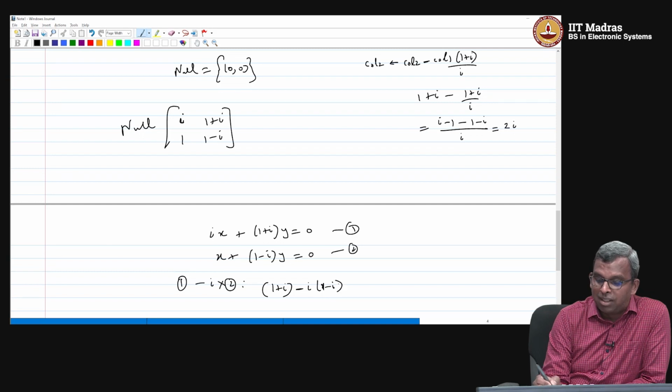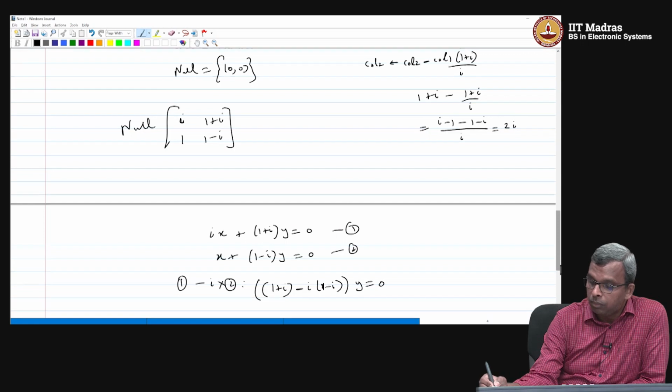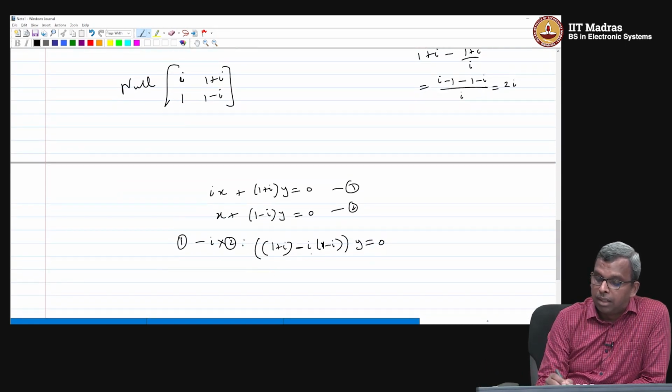I am doing it laboriously just for your comfort. This will end up cancelling: you get (1+i) minus i(1-i), that is, 1 + i - i + i squared, and i squared is minus 1, so y times 0 equals 0, which is the same as 0 equals 0.